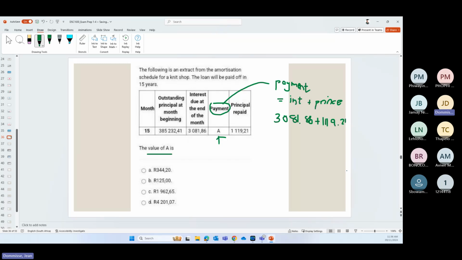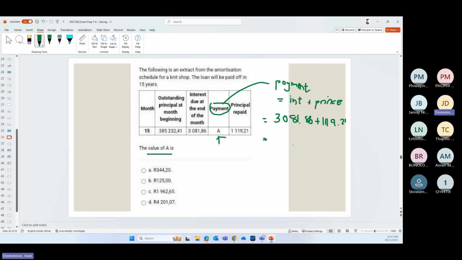So what is the total that we need to pay? The payment is just those two added. So it's 3081.86 plus 1119.21.